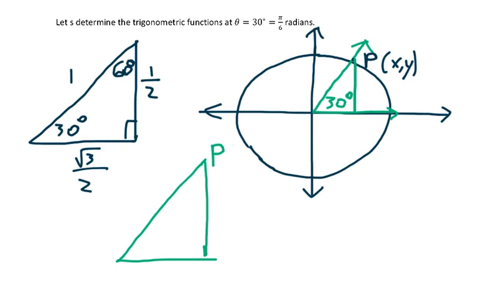The hypotenuse has length 1, okay? Because again, we're working on a unit circle. This side here is 90 degrees, okay? Now, this side here, right? That's the height of P above the x-axis, right? X-axis, y-axis. But the height is given by the y-coordinate.